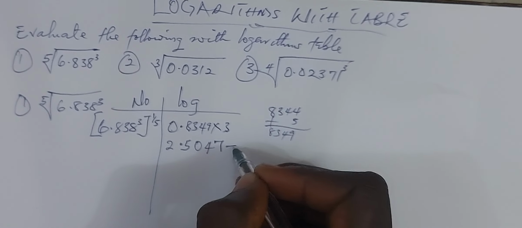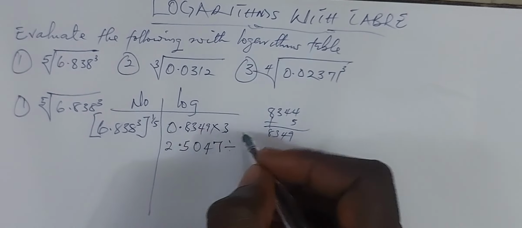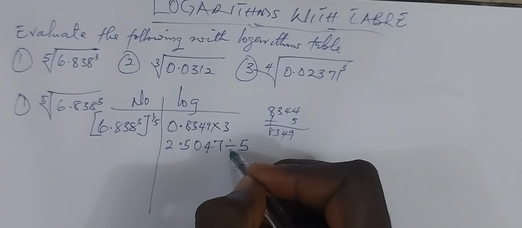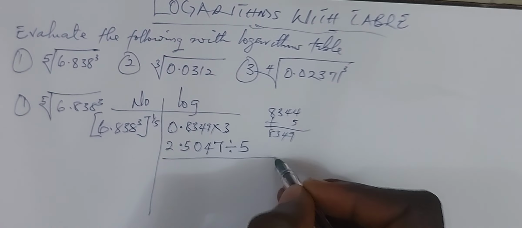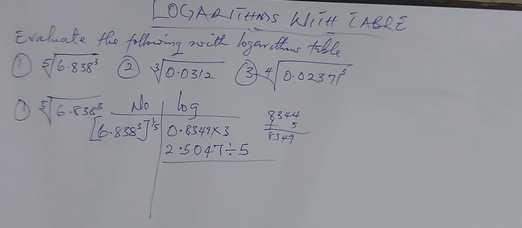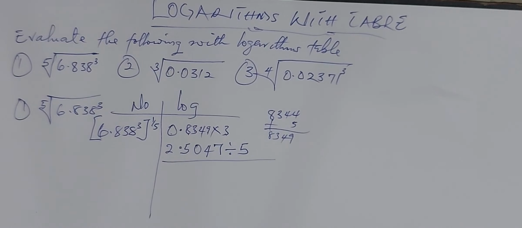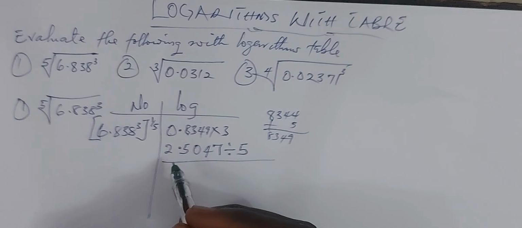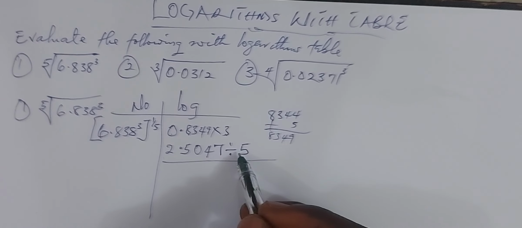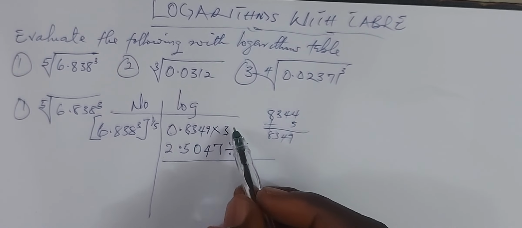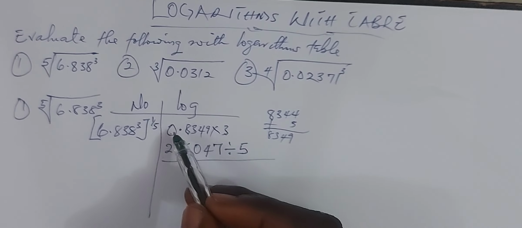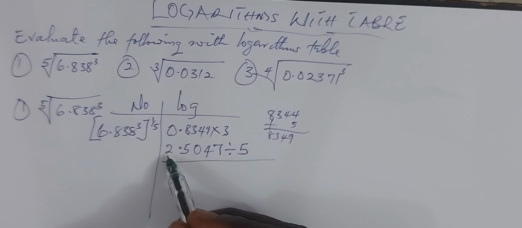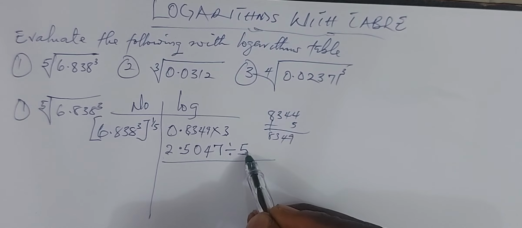This is what we'll divide by 5. So we divide from the left to the right, while we multiply from right to left. Okay, now we have 2 divided by 5.